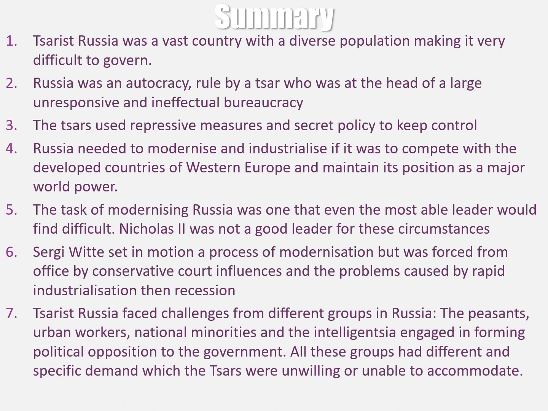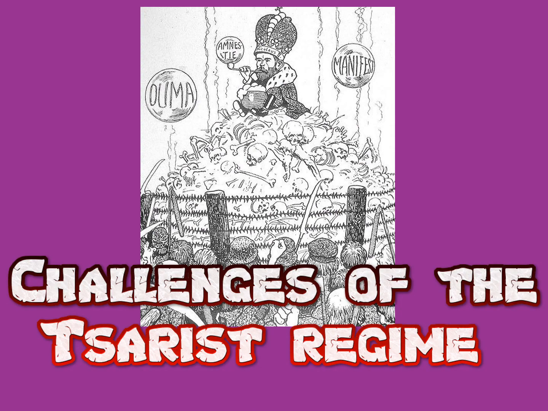Tsarist Russia faced challenges from different groups: the peasants, the urban workers, the national minorities, the intelligentsia, all of them engaging in forms of political opposition to the government, and all of these groups had different and specific demands which the Tsar was either unable or unwilling to accommodate. So those are the challenges of the Tsarist regime, and also some of the long-term factors for the Tsar's ultimate downfall.